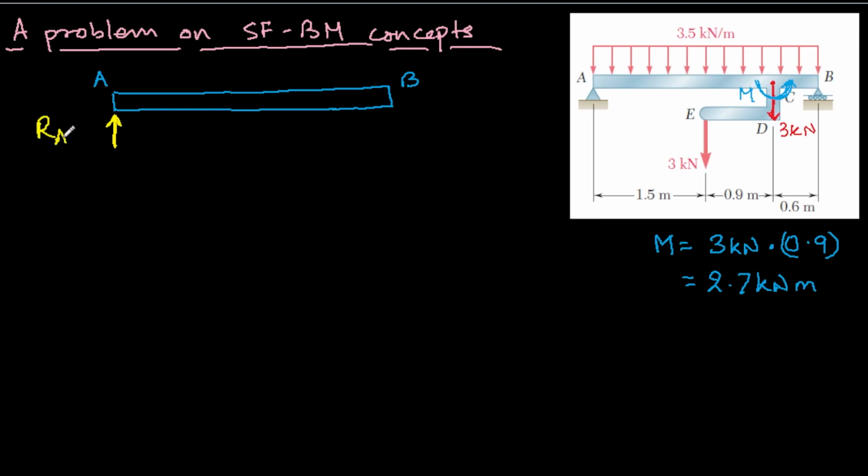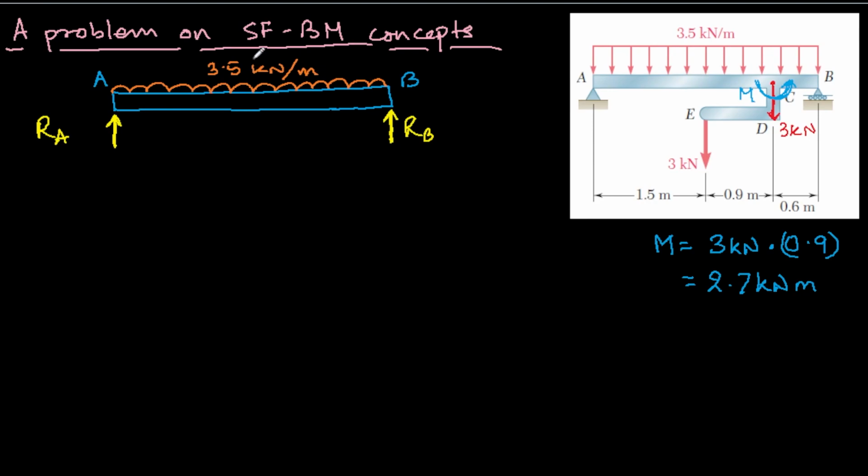So if RA and RB, okay, so that's the reaction force, and then we have this uniformly distributed load on the whole beam, and this is 3.5 kilonewton per meter.